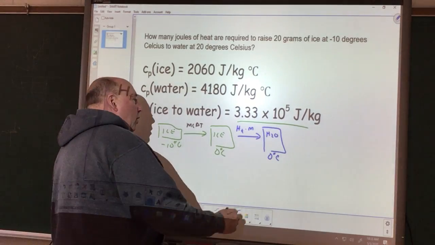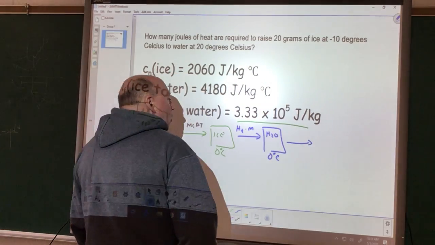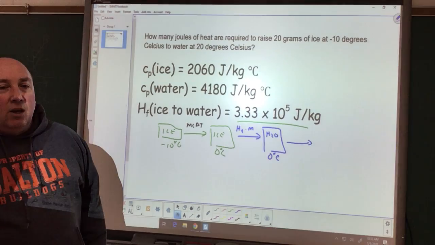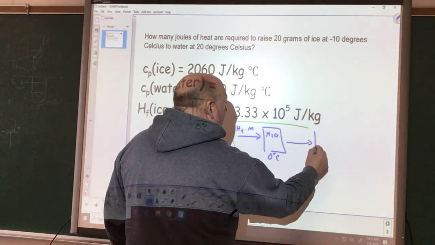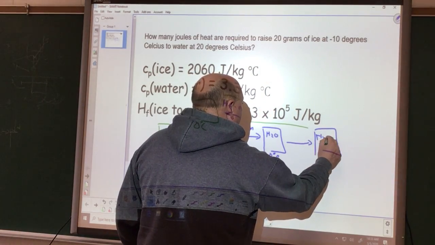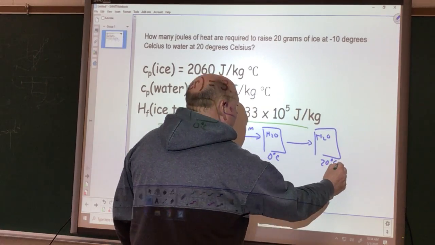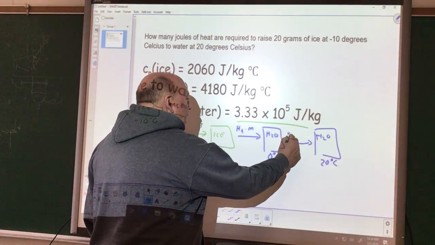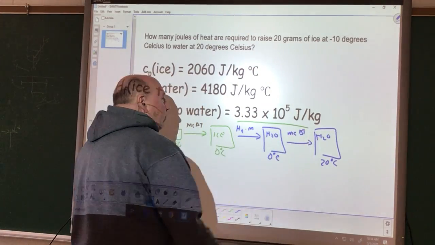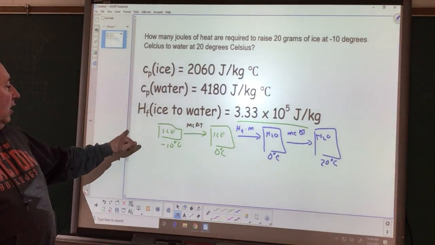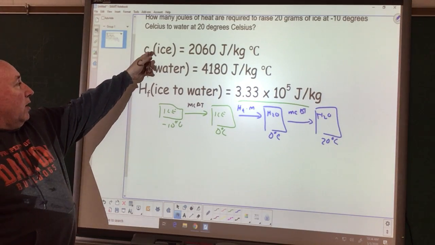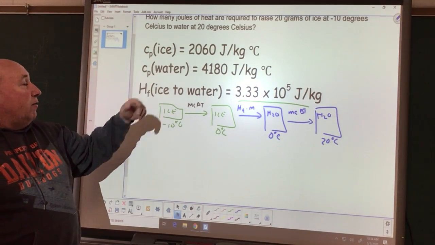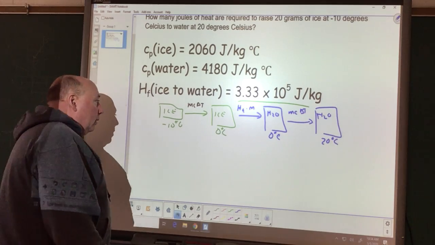Then from this point, we have to take it from water at 0 degrees Celsius to water at 20 degrees Celsius. And once again, we can do that using mc delta T. So if we take a look, our specific heat of ice is different than the specific heat of water.